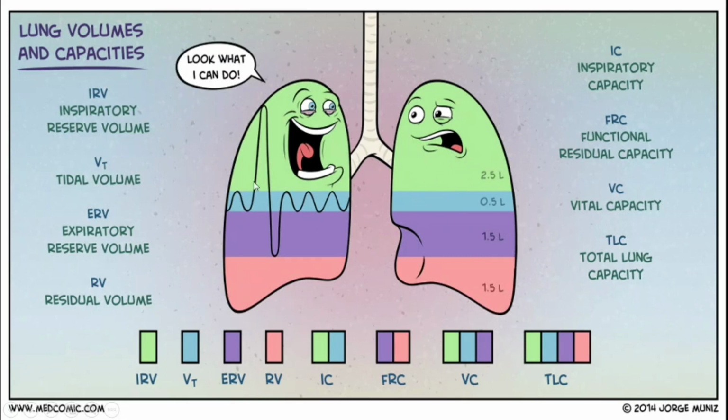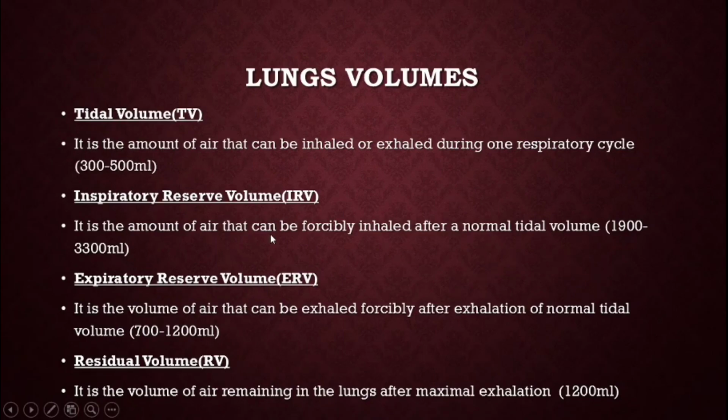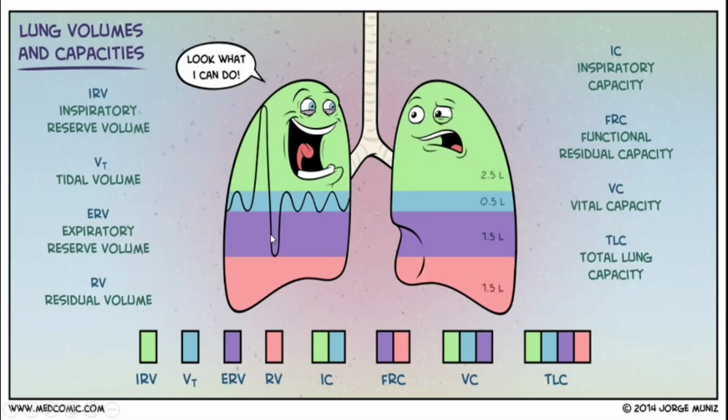The inspiratory reserve volume is the maximum inspiration you can do after the normal breathing, which is being reserved for heavy exercise, and the expiratory reserve volume is the maximum expiration you can do after the normal breathing, which is also being reserved for heavy exercise. Therefore, expiratory reserve volume and inspiratory reserve volume are the reserve volumes.